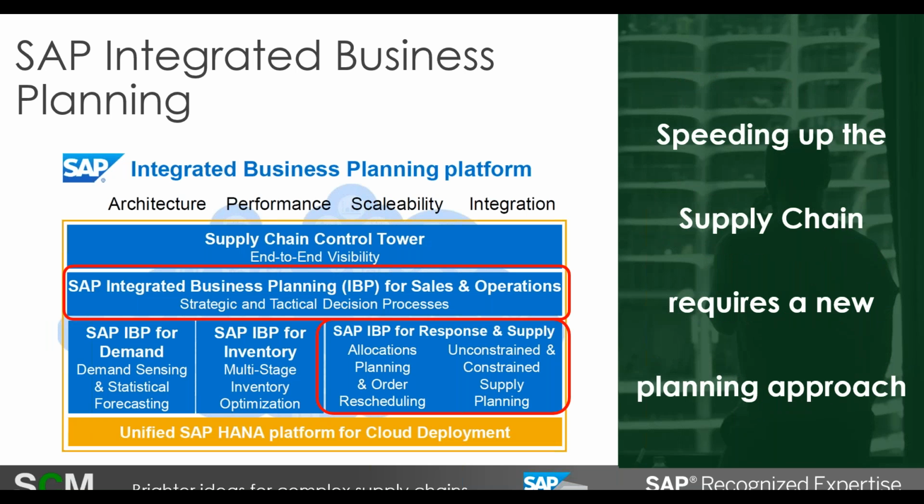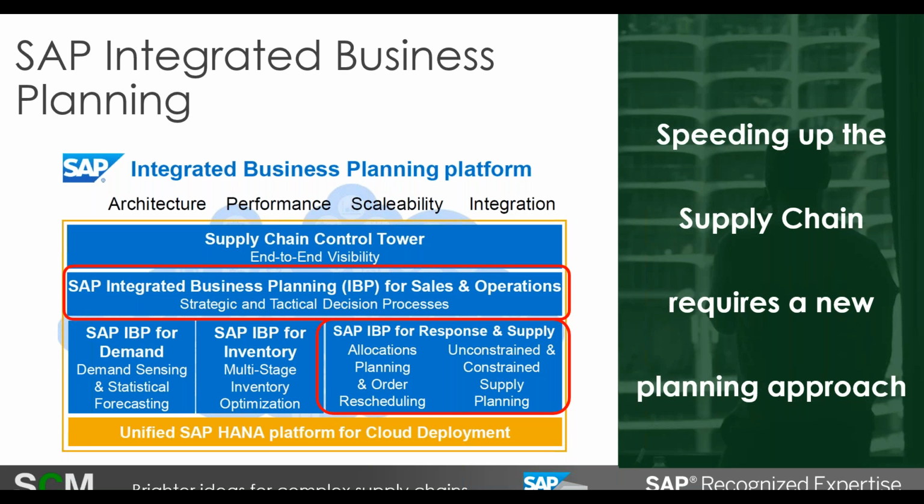So what we've done today, this is sort of the overview of what IBP is, or Integrated Business Planning, and it's made up of a few different modules. So we're going to show today the ones in red. We're not going to get too much into control tower. We're definitely not going to get too much into demand or inventory. But what we are going to do is look at what you would call the S&OP, sales and operations planning, as well as the supply optimizer side of response and supply.